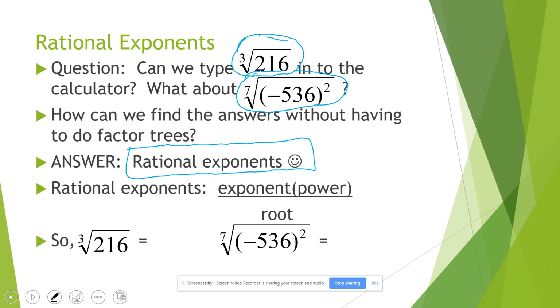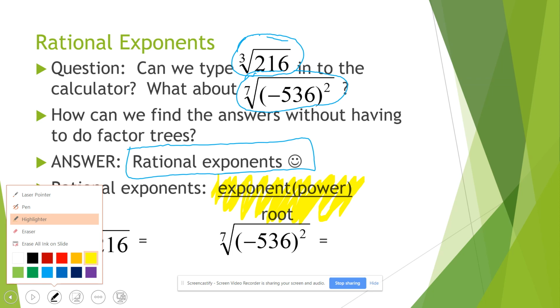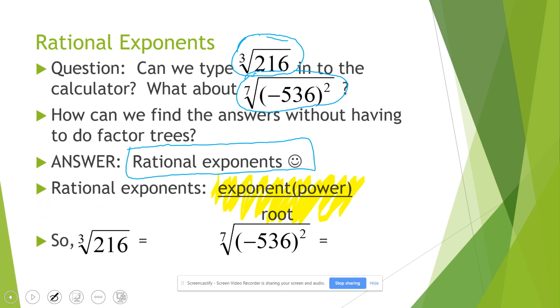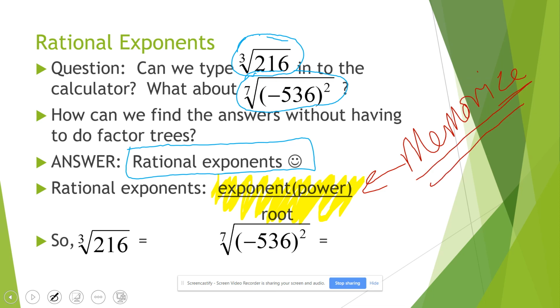Rational exponents, when we rewrite them, are power over root. This right here, power over root, or the exponent over the root, you want to make sure you memorize. Now again, we don't ask you to memorize a whole ton, but you do need to memorize this. Power over root, to rewrite it into rational exponent form, which then allows me to type this into the calculator.